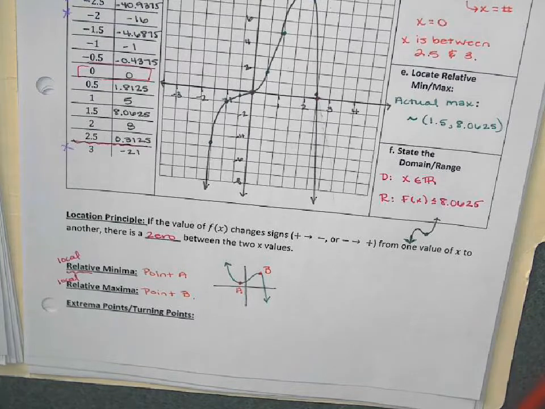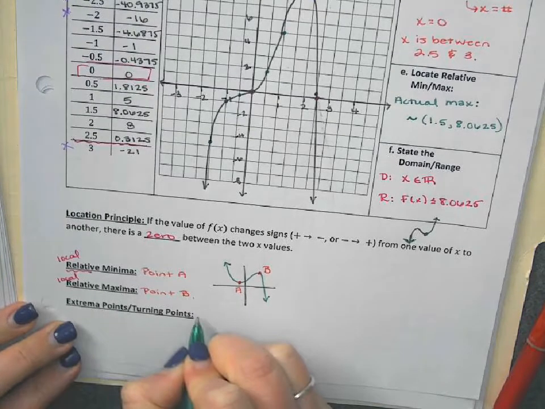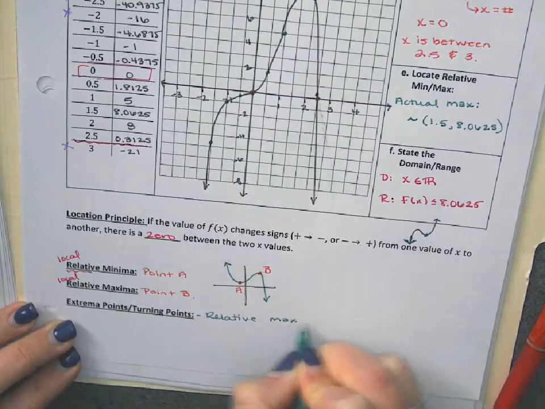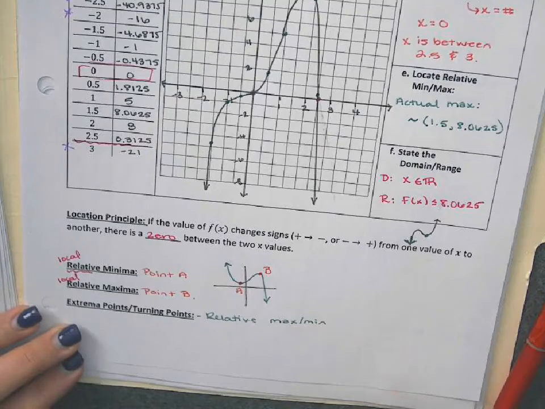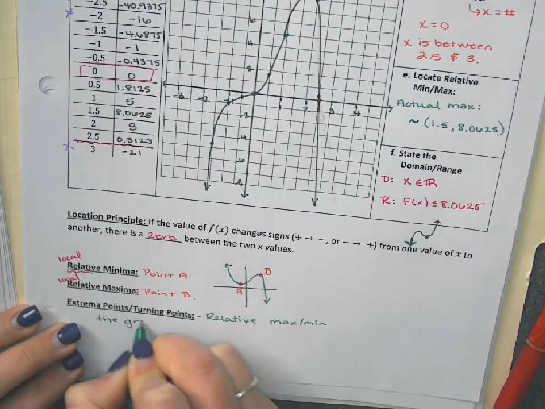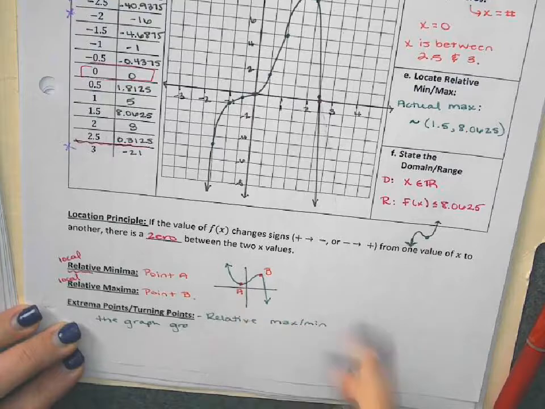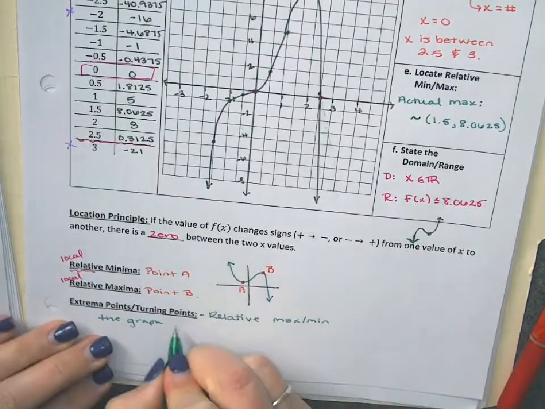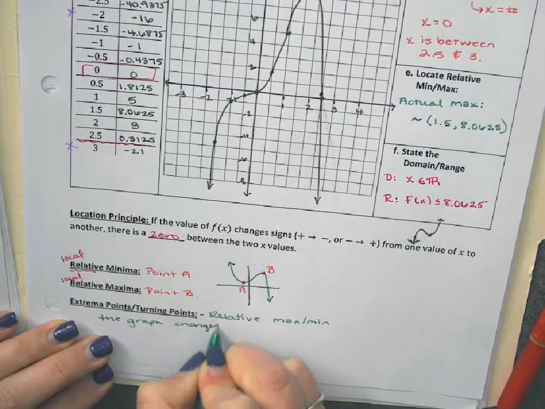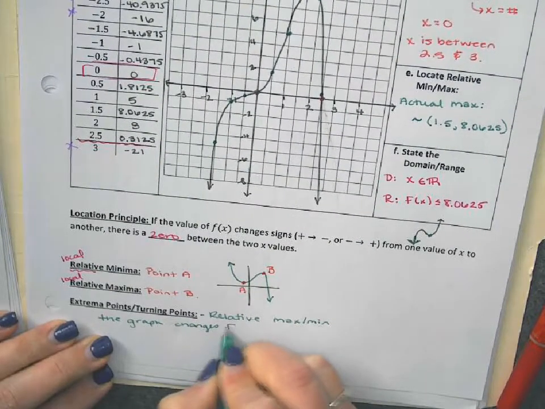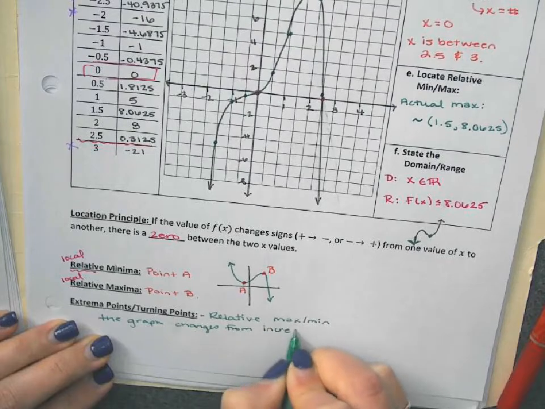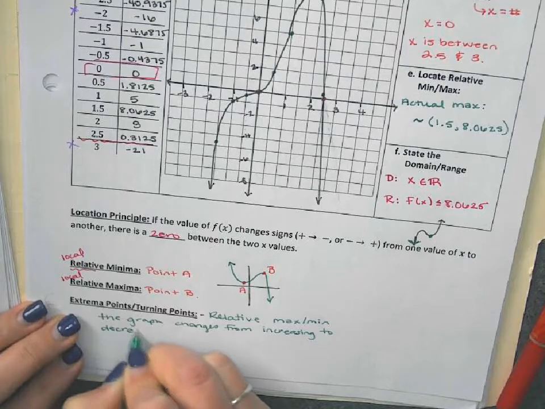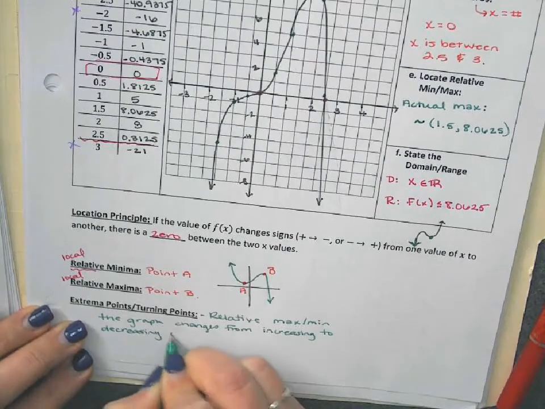So these extrema points, these are your relative maximum or minimum points, because it's when the graph changes from increasing to decreasing, or vice versa.